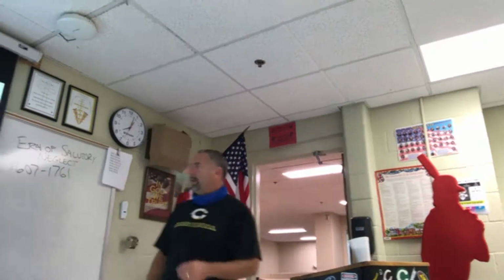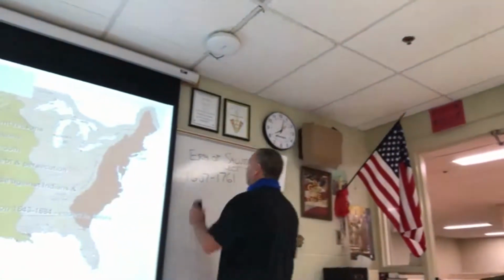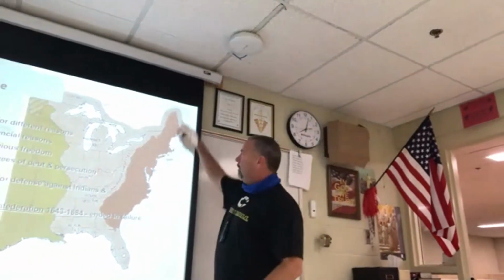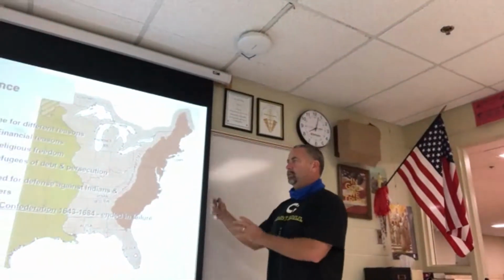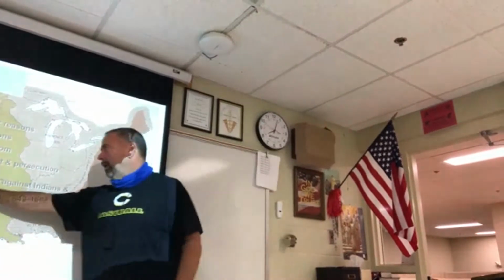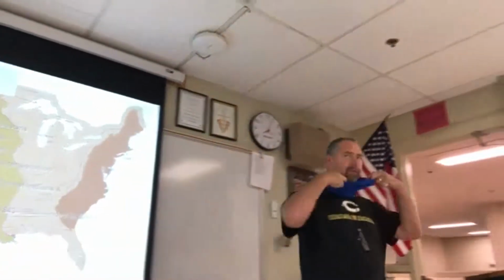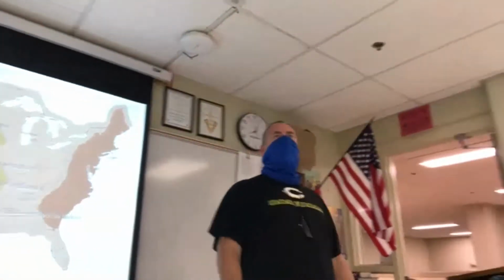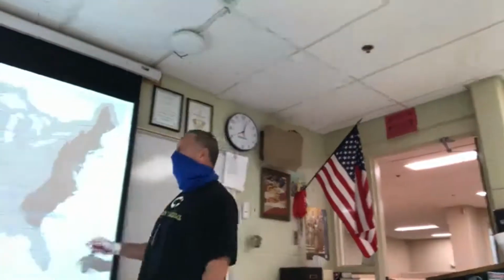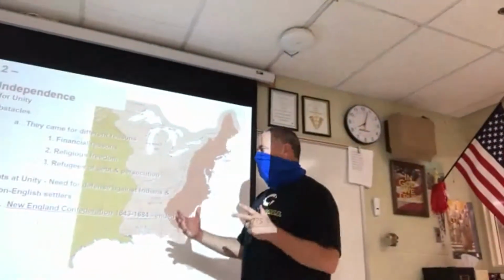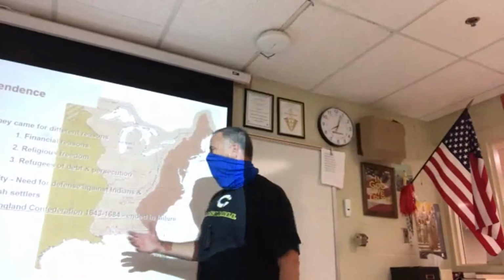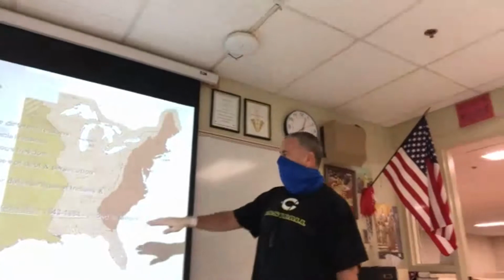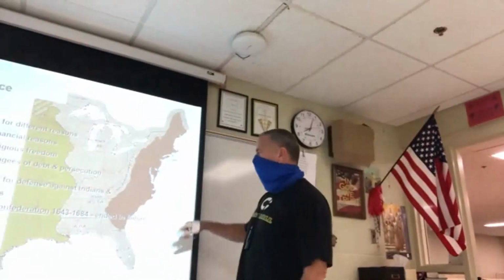Now, there were attempts to bring the 13 colonies together. The British don't like that idea. They don't want unity here. They like the separate colonies. But one of the main reasons why the colonists would want to unify is for defensive purposes against non-English settlers, i.e. the French and the Native Americans that were here, so that they could have an army to defend themselves. The New England Confederation, which they tried from 1643 to 1684, did not work out.